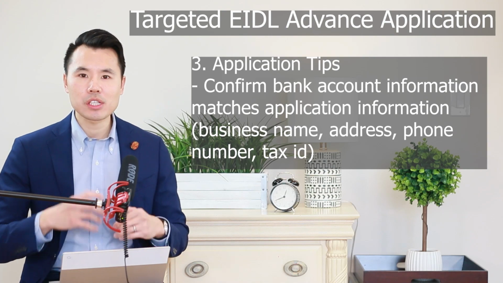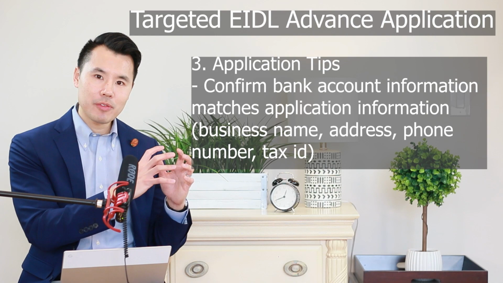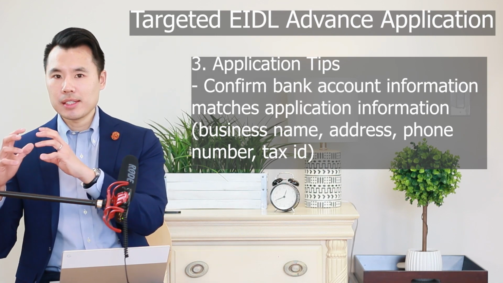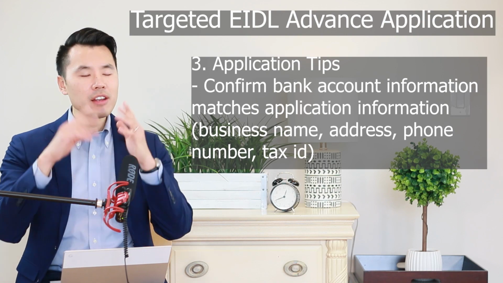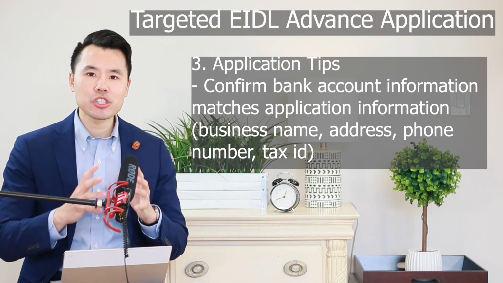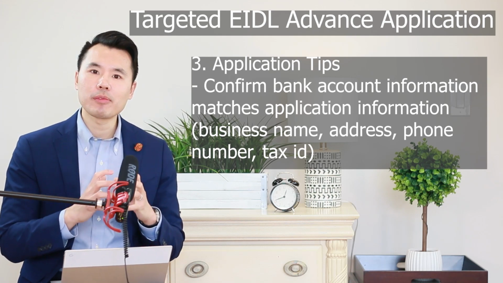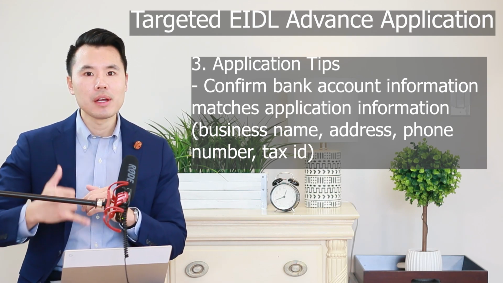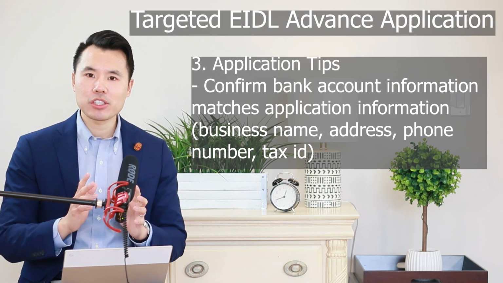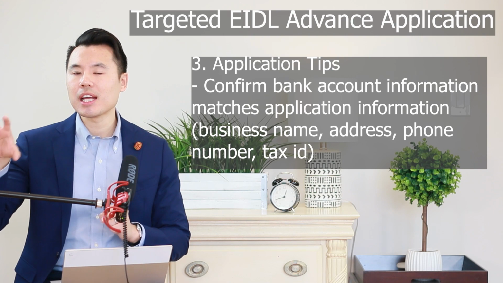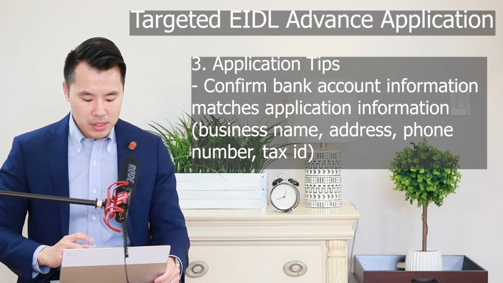They are telling you explicitly here, if that information does not match up with what the bank has on record versus what you're putting into this application, there's a greater chance it won't be approved, even if you meet all those 3 qualifiers. So make sure that when you complete this application you have the most up-to-date information. Check with your banker, call them up, ask them, make sure that the name, address, phone number, all of that stuff matches up to what you're putting into this EIDL application. It is essential because they've actually explicitly broken this out.